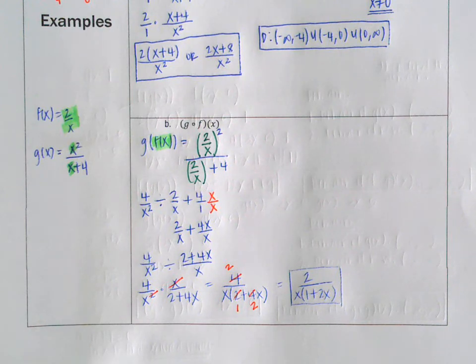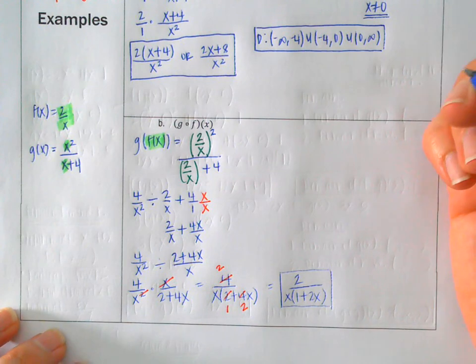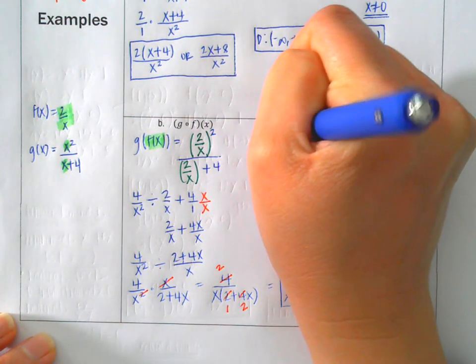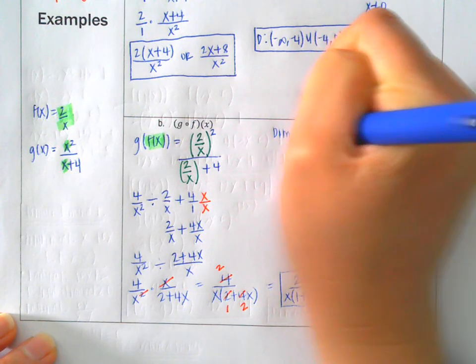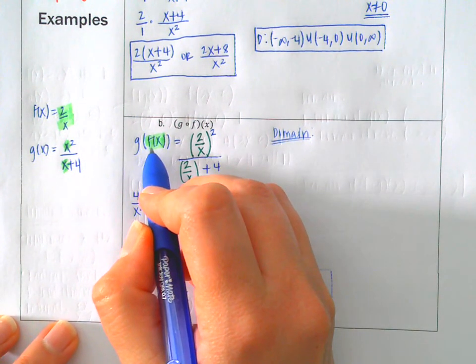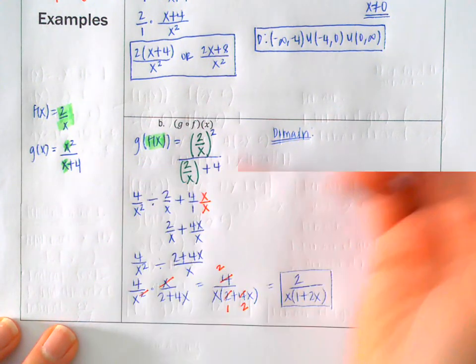So you should be coming back, you've already thought about the domain, you already have it written down, and you're just checking your work. You can always fast forward through my explanation, but I'm still going to explain it. So first thing we do when finding the domain is find the domain of whatever was inputted. So this one was f of x.